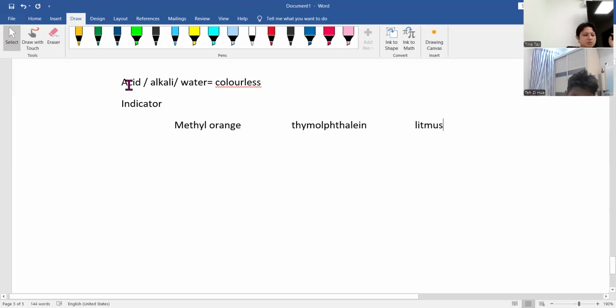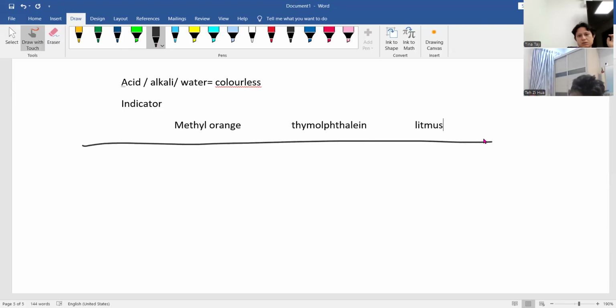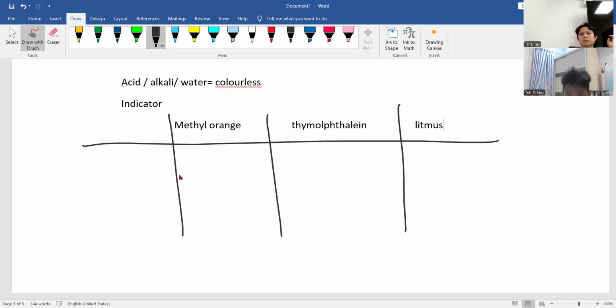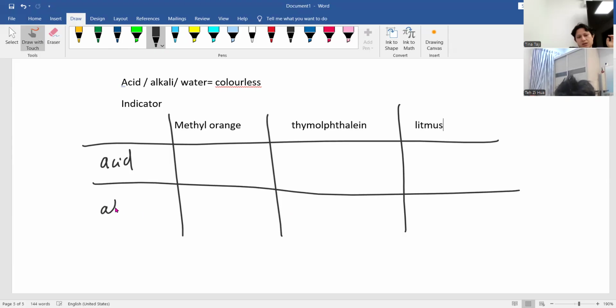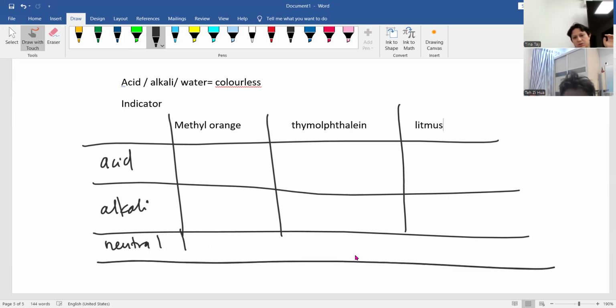Okay. We look at the colors in acid, in alkali, and in neutral.